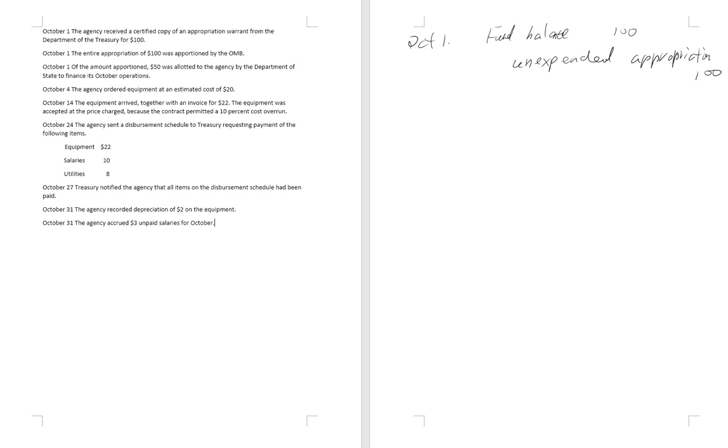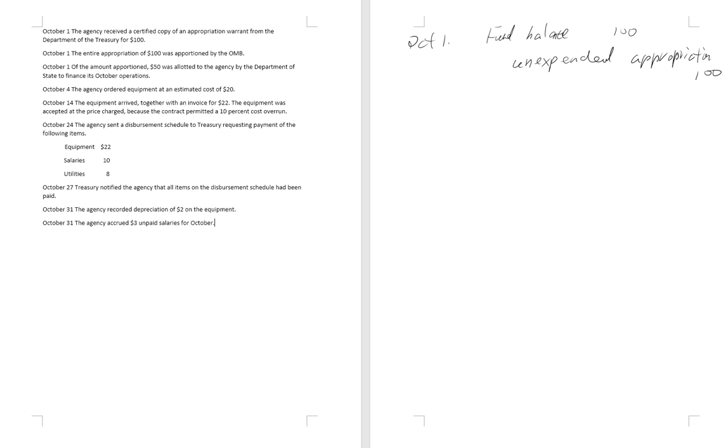In the budgetary work, it's going to reduce the allotment, so we debit allotment and credit undelivered orders, 20. But in the proprietary work, we didn't receive anything yet, and there's no journal entry.